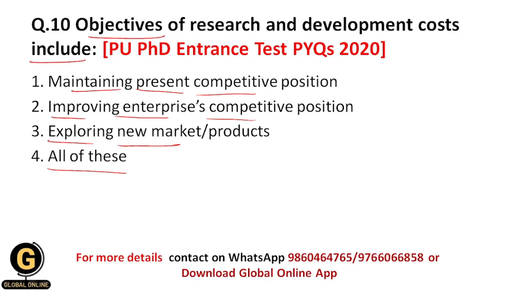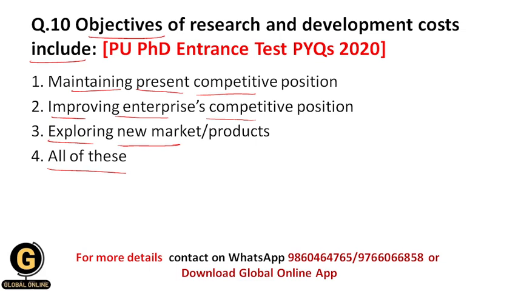enterprises, everything. We can improve its product system, we can launch new products, we can improve the cost of the product, right? That's why by doing all of these we can maintain the competitive position of the company or enterprise, we can improve the enterprise's competitive position, we can also explore a new market or new products because of research and development cost, right?